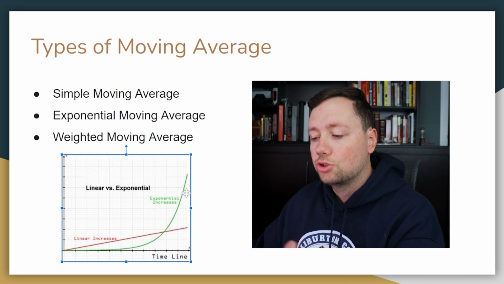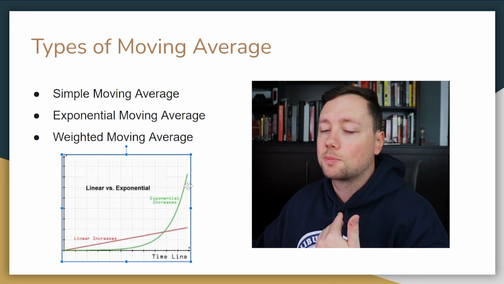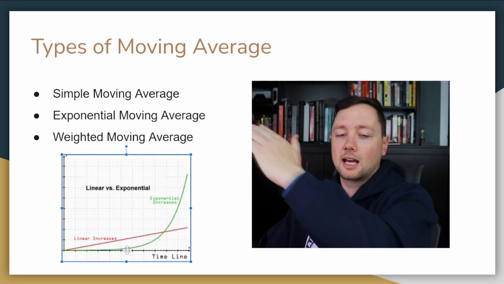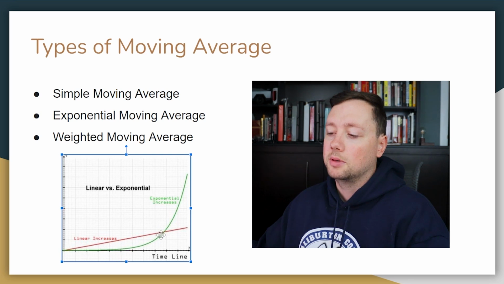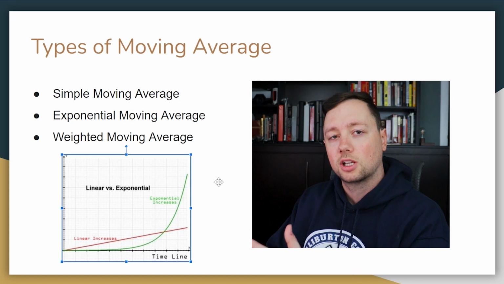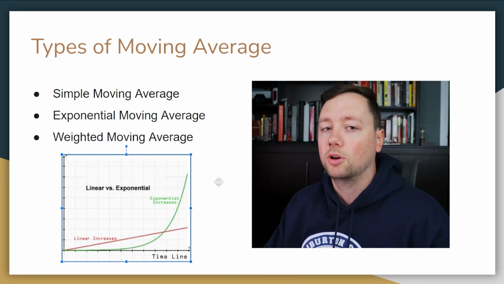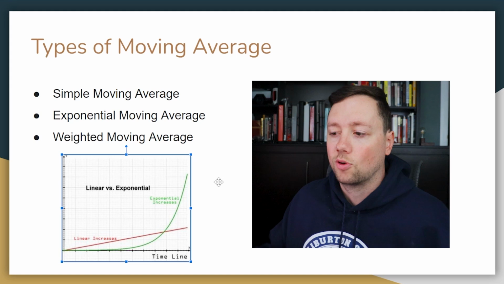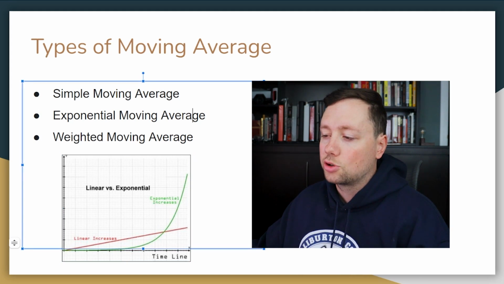And that distribution is going to happen on an exponential curve. So it is not going to be steady and linear. It is actually going to be distributed on an exponential curve. So the most recent information is going to be much, much more valuable than the information that comes before it. That is what is called an exponential moving average.